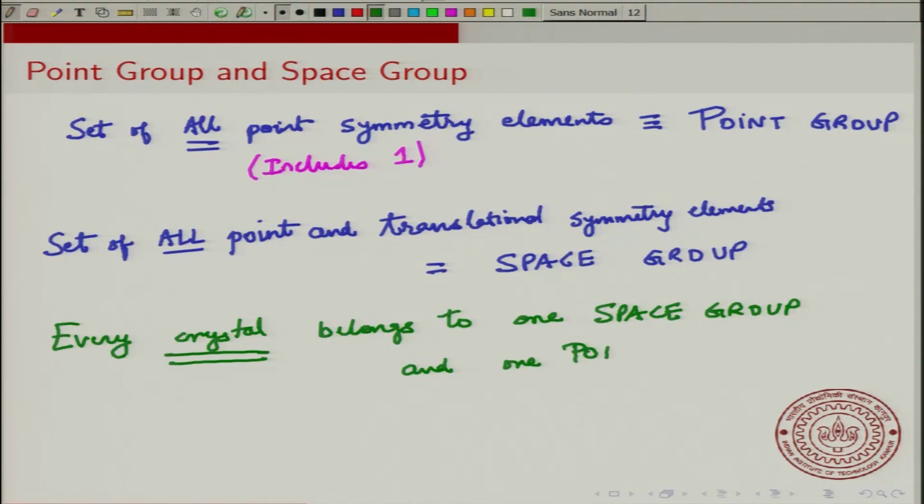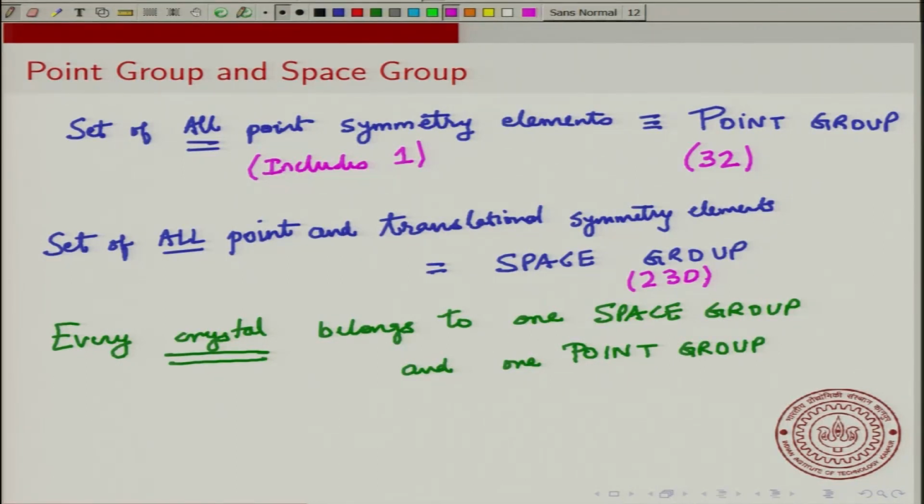That means for each crystal you can identify what is the point group and what is the space group. The other point I want to make is that the total number of point groups in crystals is 32. The total number of space groups is 230.